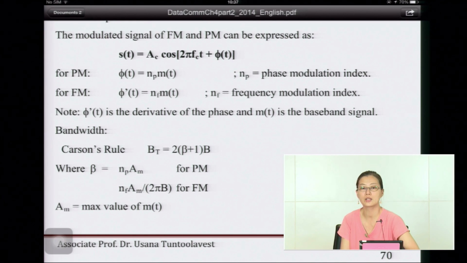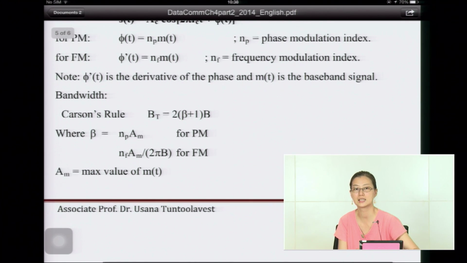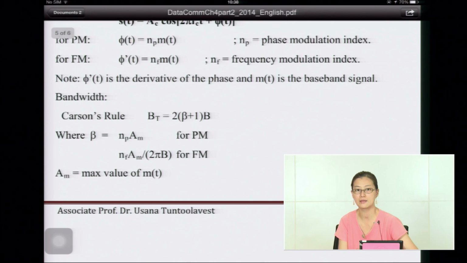Okay, so in this case, you can see that the baseband signal multiplied by n sub f gives the derivative of the phase. Okay, so this is the difference between FM and PM.